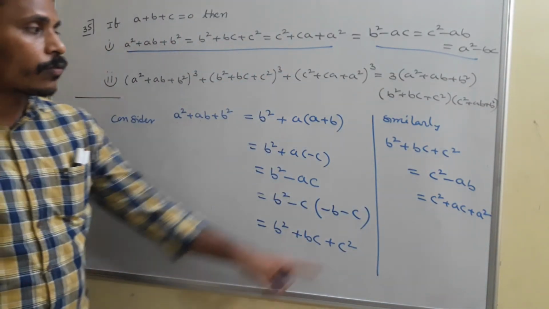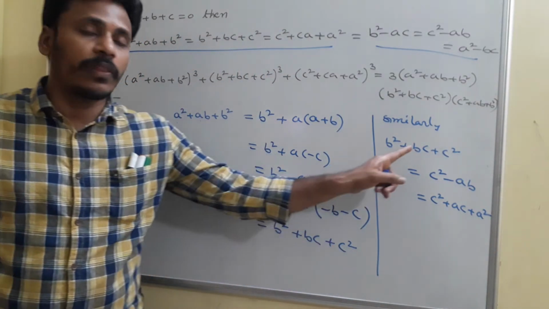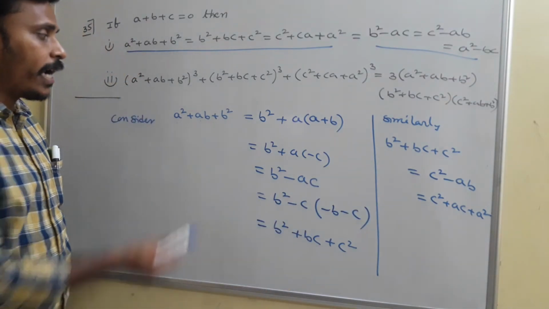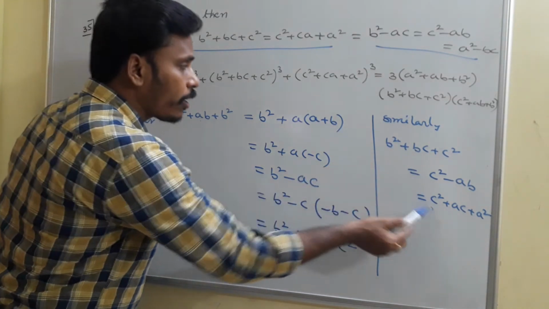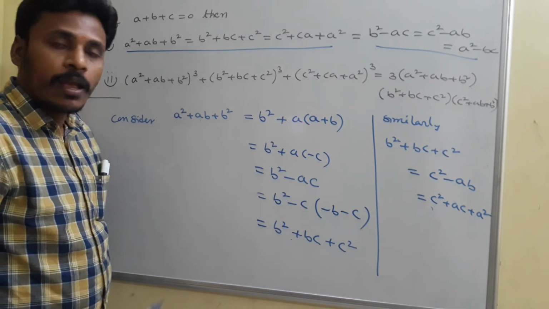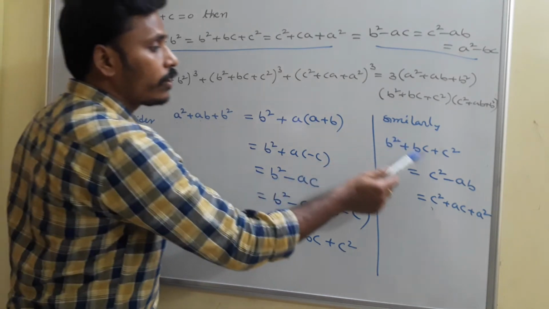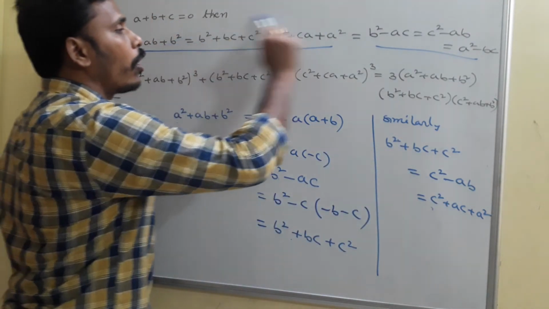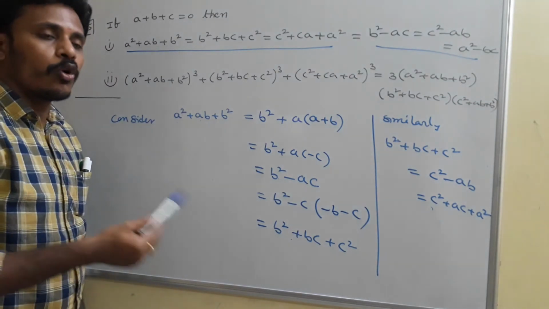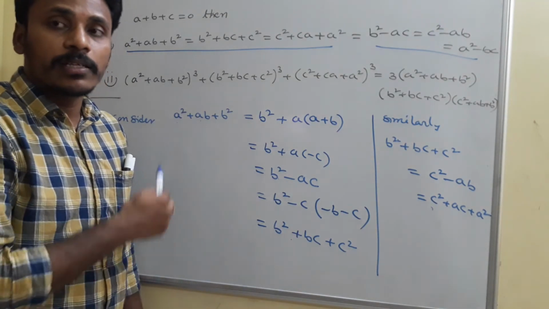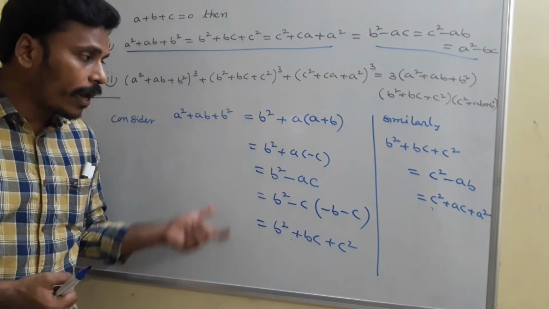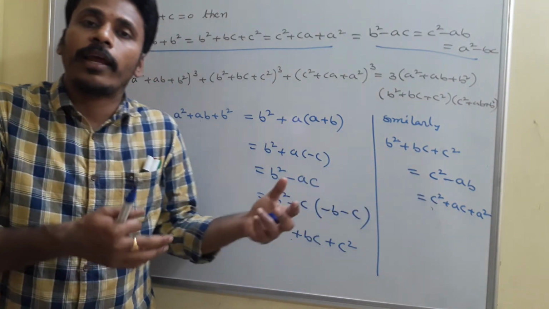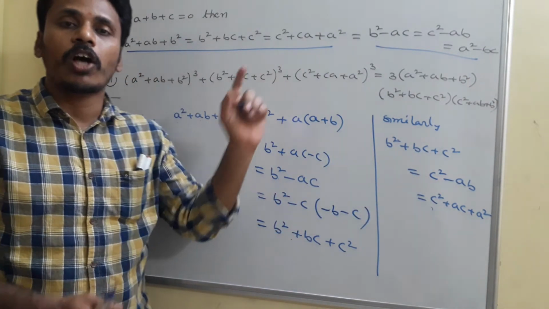And here this b square plus bc plus c square is a common thing in these two. So at the end, these two are equal, these two are equal, these three are equal. And at the end, all these 6 items are equal. No need to prove everything. Since they are symmetrical, if you analyze these two, then it is final that those 6 are equal.